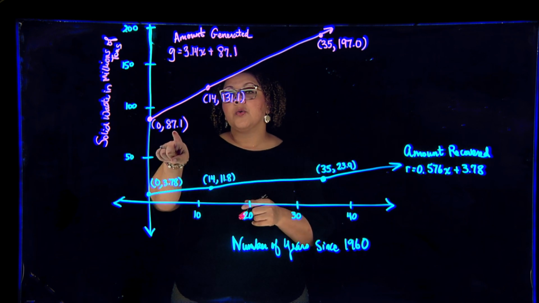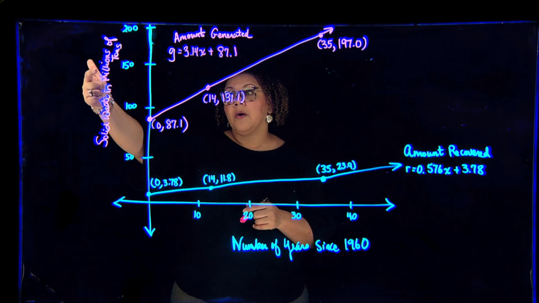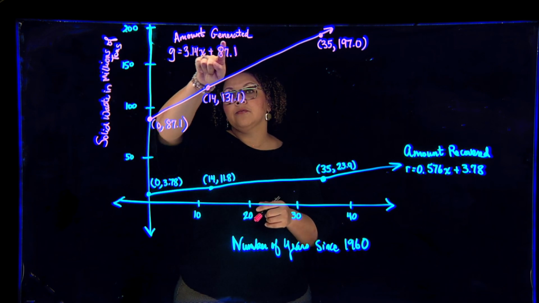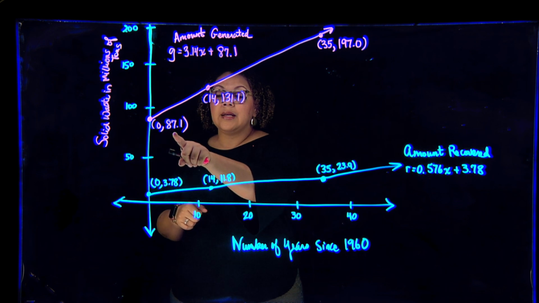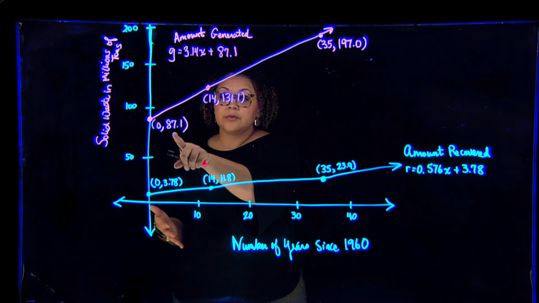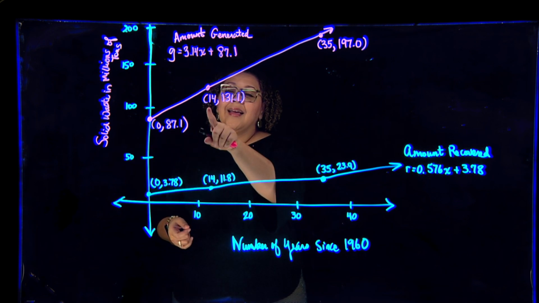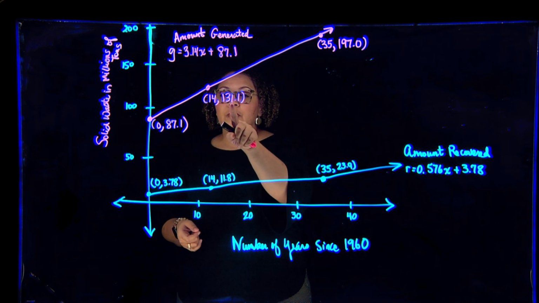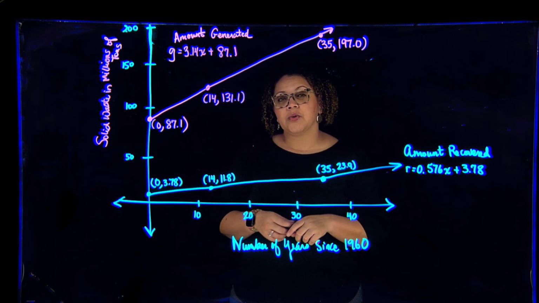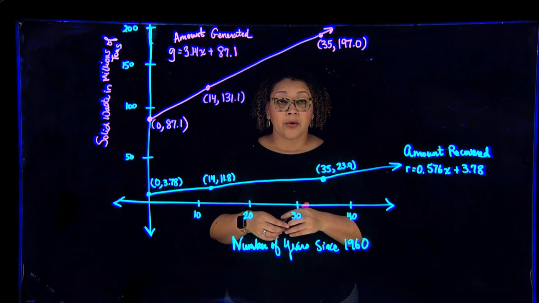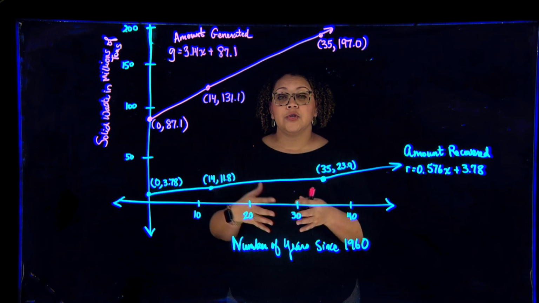And then these are the corresponding amounts in millions of tons for the amount generated. So that would be in 1960, 87.1 millions of tons generated. In 1974, 131.1 millions of tons generated. And in 1995, that would be 197.0 millions of tons generated.